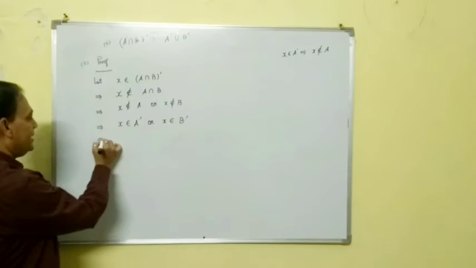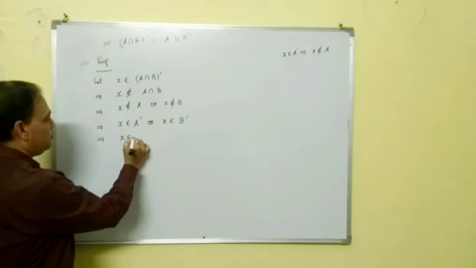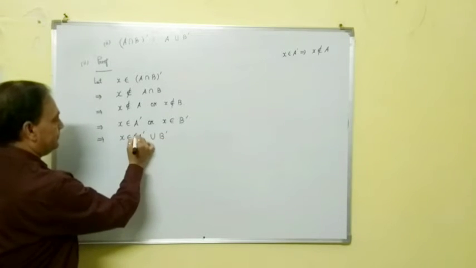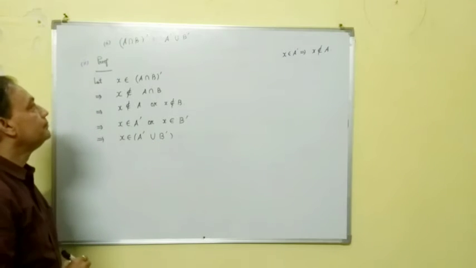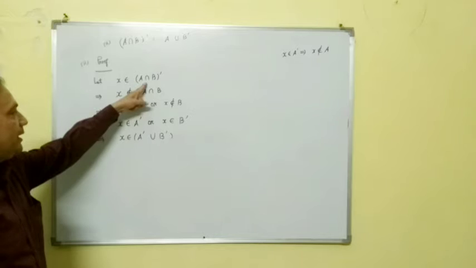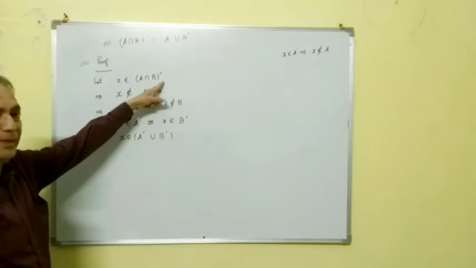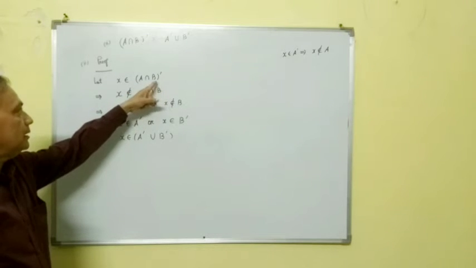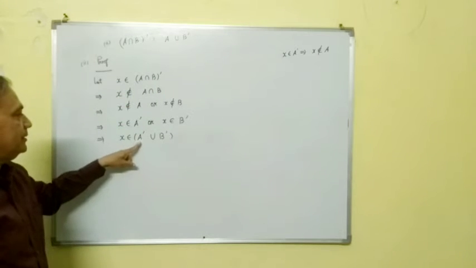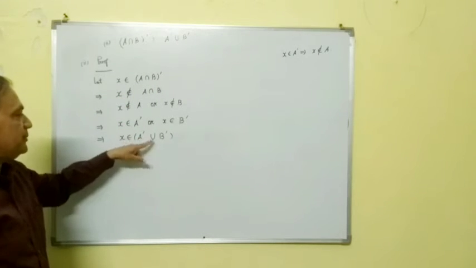This implies that X belongs to A complement union B complement. So X belongs to the complement of A intersection B implies that X belongs to A complement union B complement.